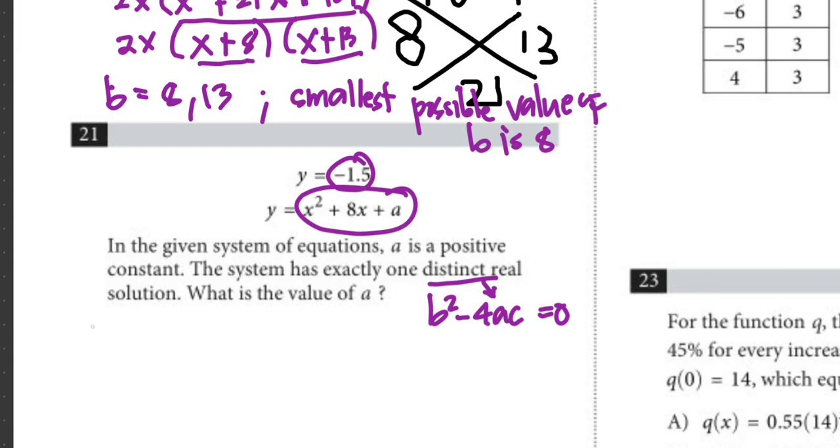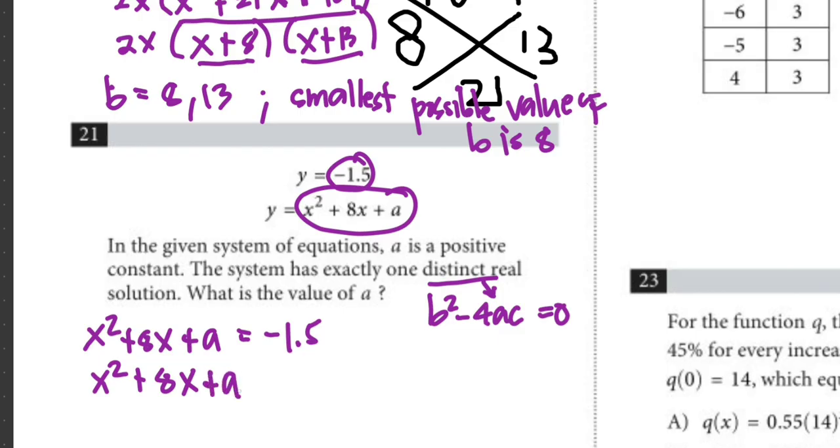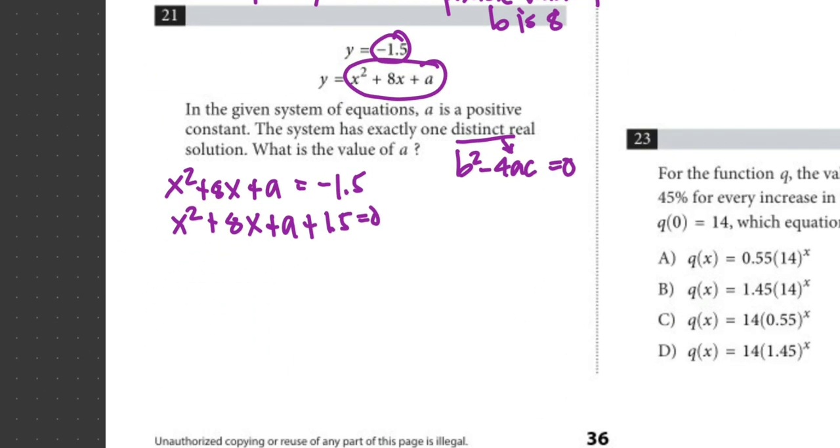So that is x squared plus 8x plus a equals negative 1.5. You can put all of them together: x squared plus 8x plus a plus 1.5 equals 0. Here a plus 1.5 is the c; our a is equal to 1, our b is equal to 8.